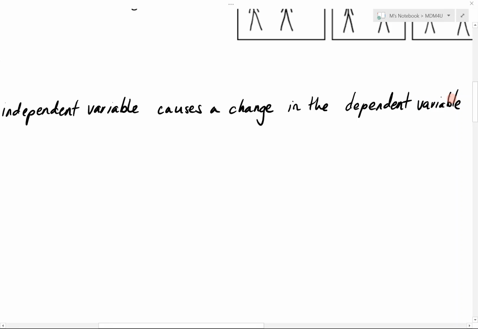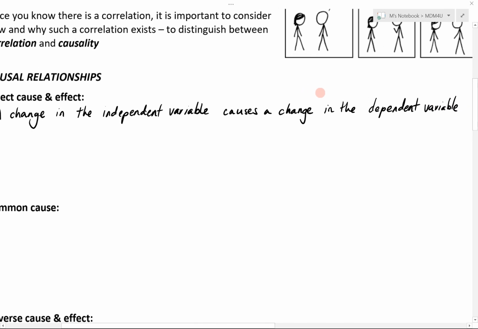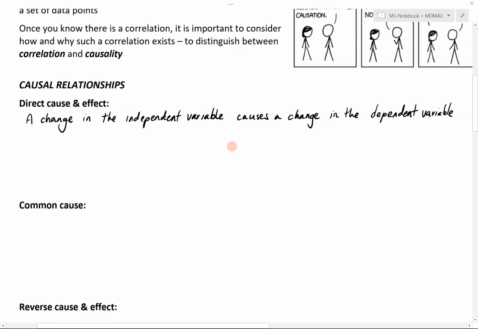In other words, whatever x is what's causing y to happen.